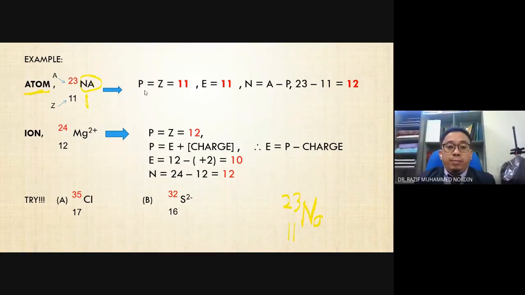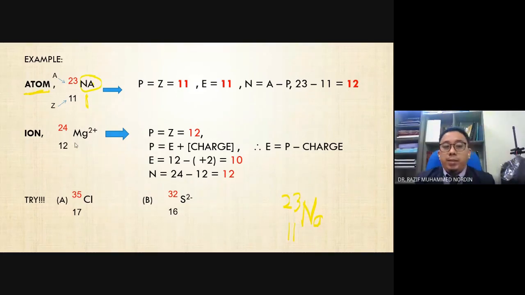P is proton. Up to you whether to use capital or small letter. Z is also fine, small letter is fine too. It equals 11. Electron is 11. Neutron is A minus P, which is 23 minus 11, you get 12.